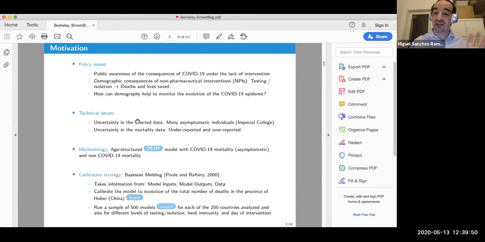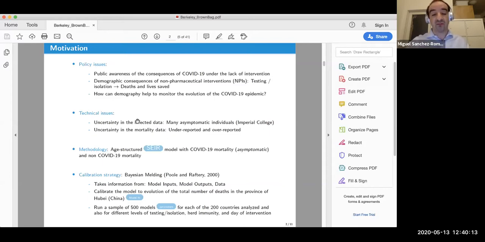We have calibrated the model on the total number of deaths for the case of Hubei in China, for the very first 80 days. We have run the Bayesian melding, and we have obtained 500 different models that are capable of replicating well the evolution of the pandemic in China.